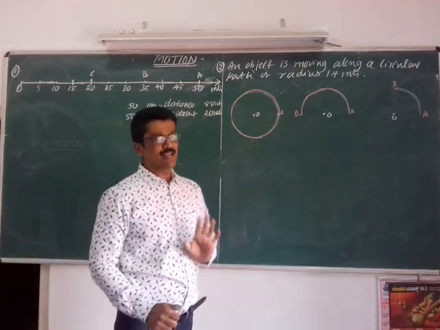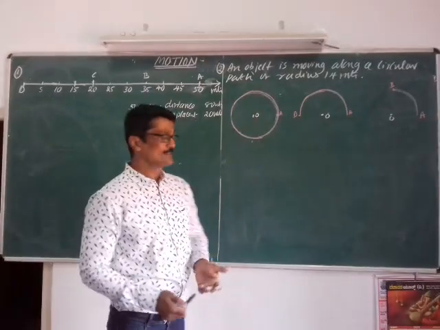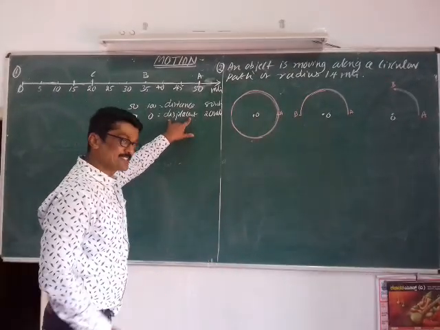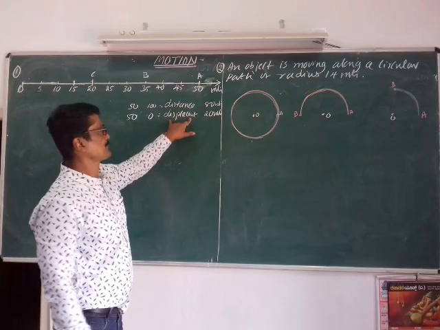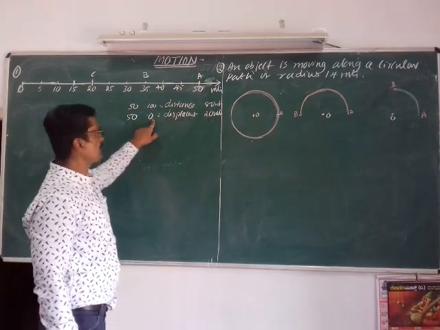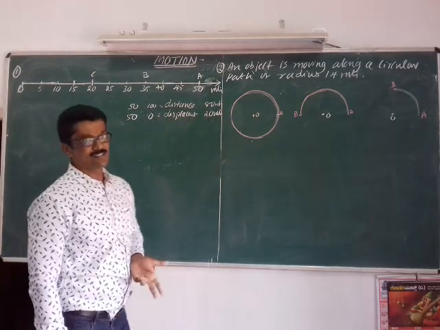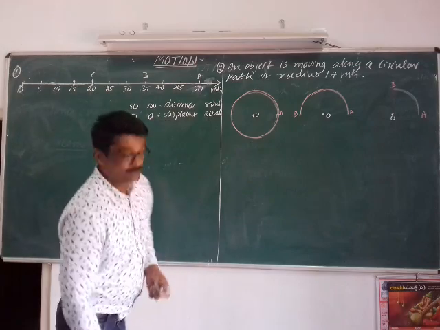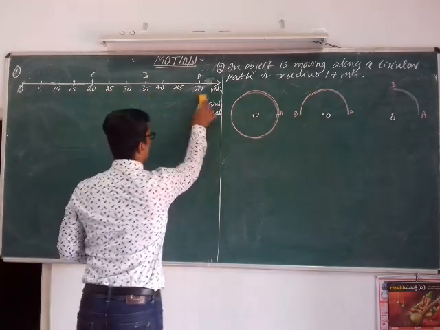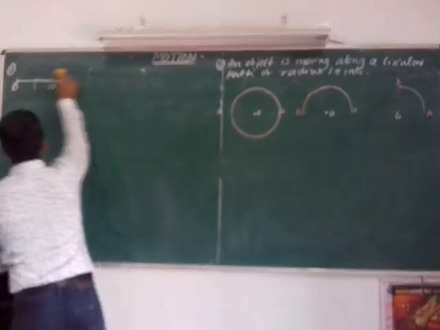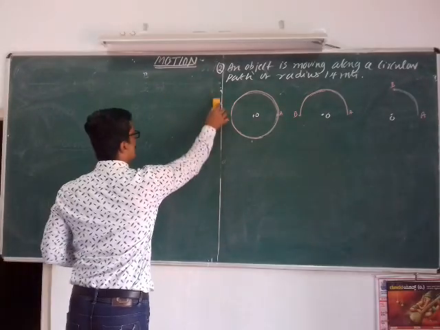When it is moving along a straight line. In other words, you can say displacement is always lesser than or equal to distance travelled. Let me take another example here. Second one.